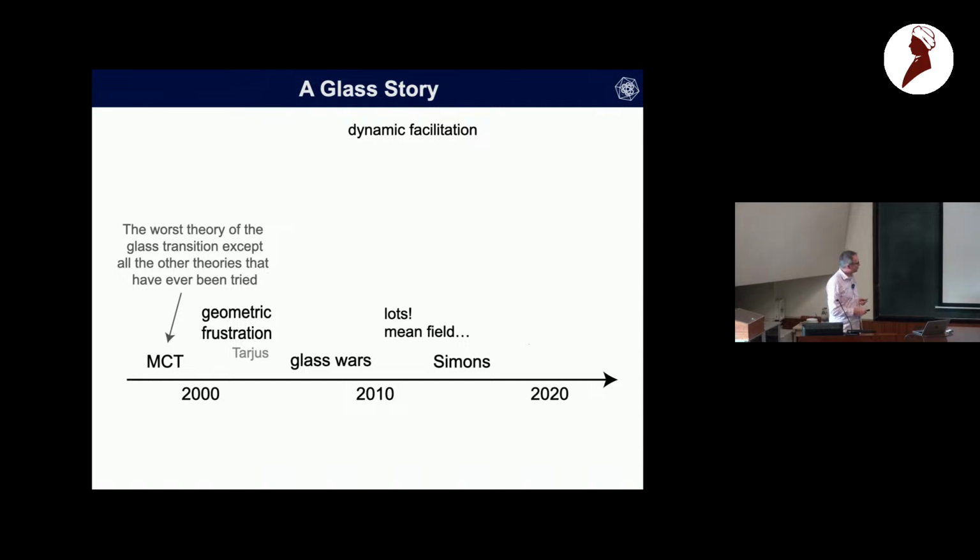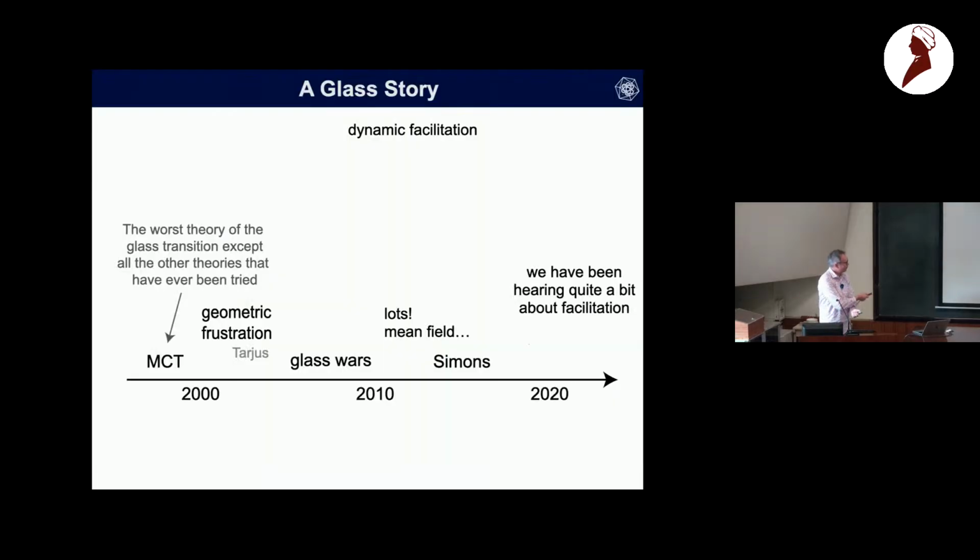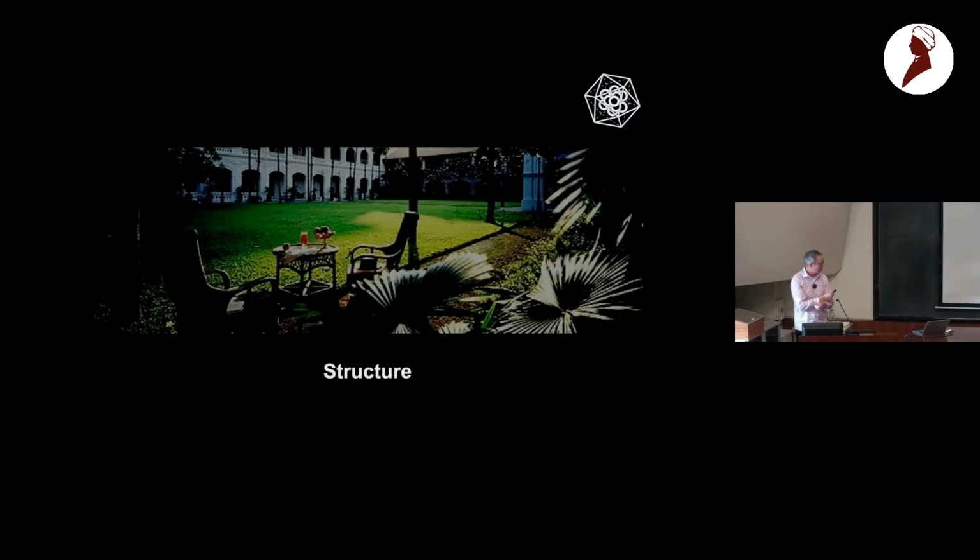So a lot of things happened, and now I would say that we've been hearing quite a lot about dynamic facilitation, which was the theory that the Berkeley group around David Chandler developed somewhat earlier. So I'm going to talk to you, though, about structure. I think the purpose of this was to give some context that there's a lot of different ideas around, and these are just a few of them.